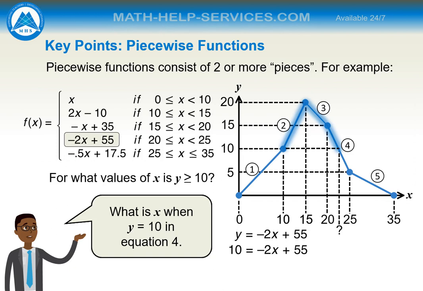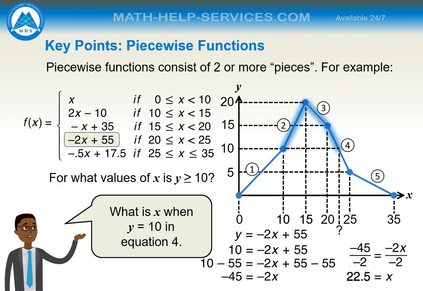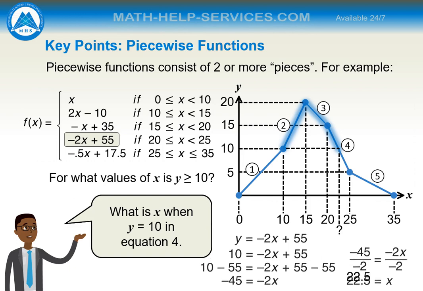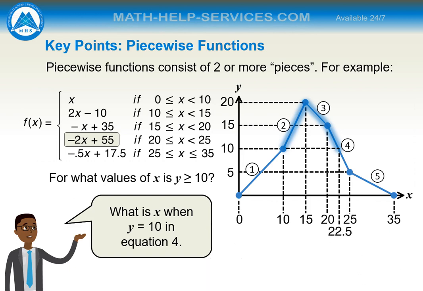Well, substituting 10 for y and solving, we'll subtract 55 from both sides, and then divide both sides by negative 2, and we see that x is 22 and 5/10. So y is greater than or equal to 10 if 10 is less than or equal to x, which is less than or equal to 22 and 5/10.